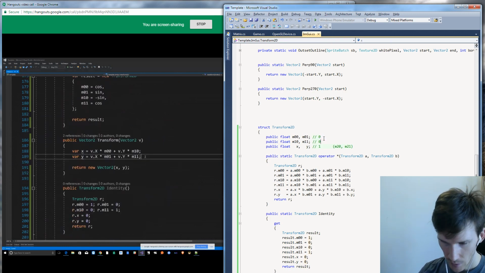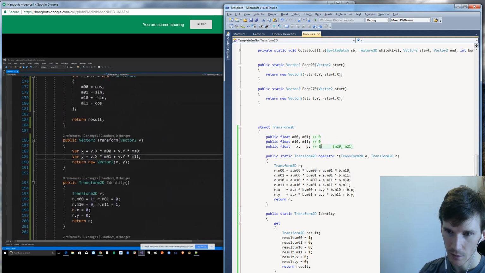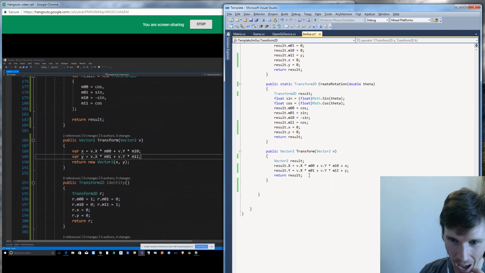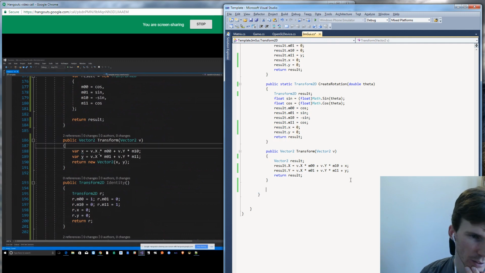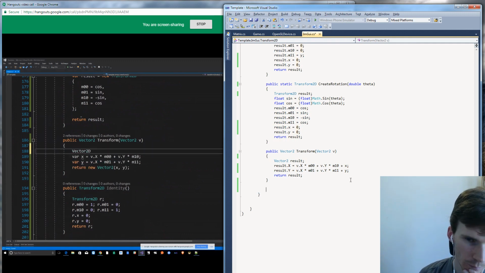So yeah, can you go back to the transform method of our Transform 2D? Because I don't think I did something wrong here. You just didn't finish that. Yeah, I didn't do the thing. It's not called. That's all right.